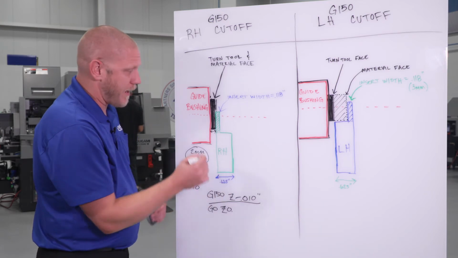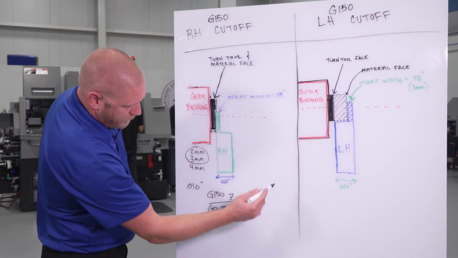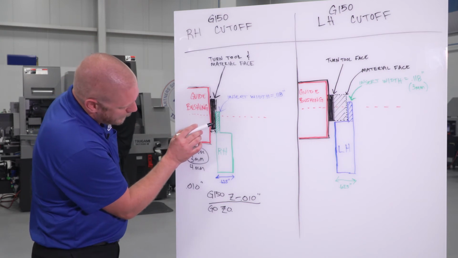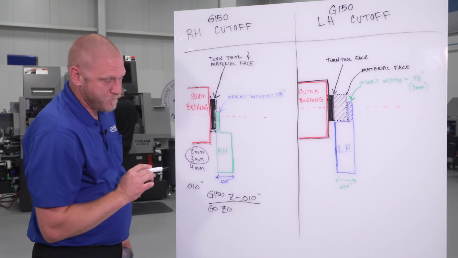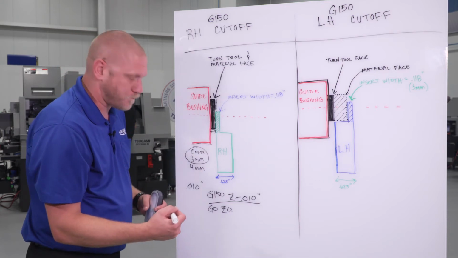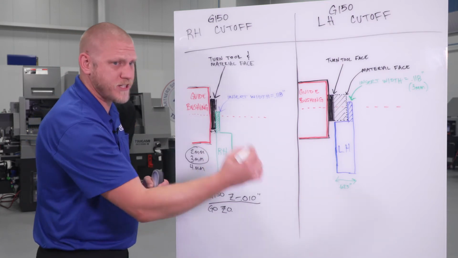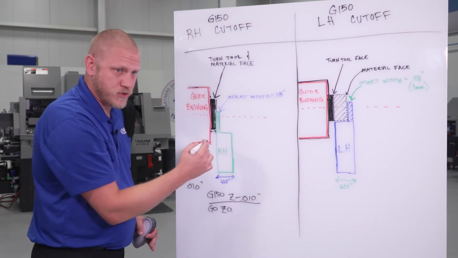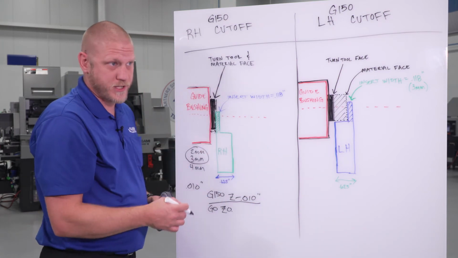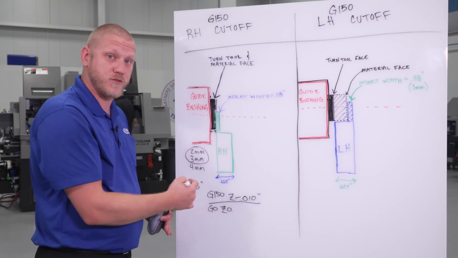Let's say it's off by 5 thousandths. So when you said G150, Z minus 10, you go to Z0, and you're still sitting 5 thousandths away from this turning tool. Well, you don't face off that 5 thousandths, your part becomes short, and then you want to start offsetting tools. You offset your facing tool 5 thousandths. Well, now you have to offset your cross drilling tool 5 thousandths, your grooving tool 5 thousandths, your cutoff tool 5 thousandths.